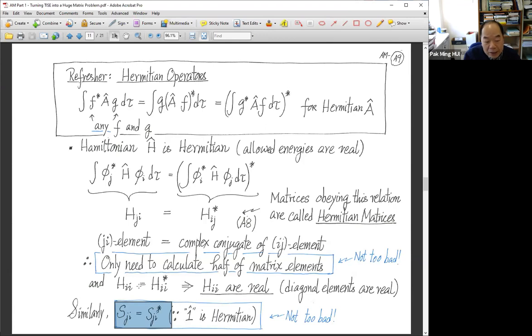The third point is that the diagonal elements, H11, H22, things like that, must be real because their transpose star equals themselves. So only real numbers satisfy this requirement, okay? So all in all, I try to convey that it's not as bad as we thought when we want to calculate all this Hij.